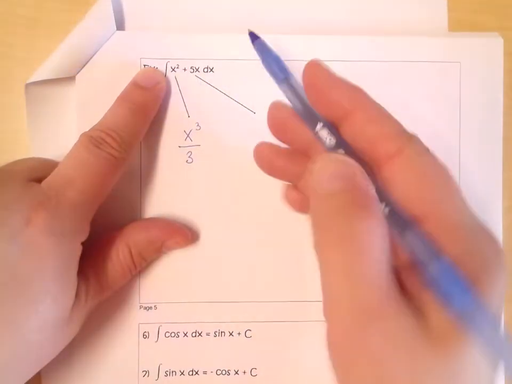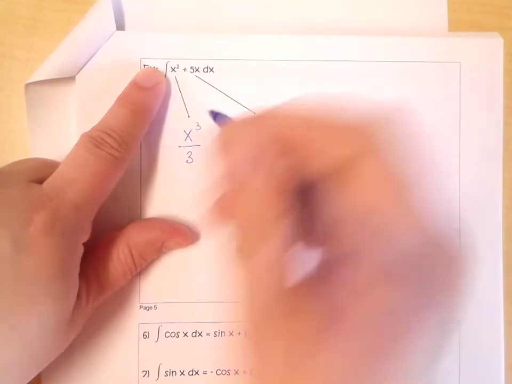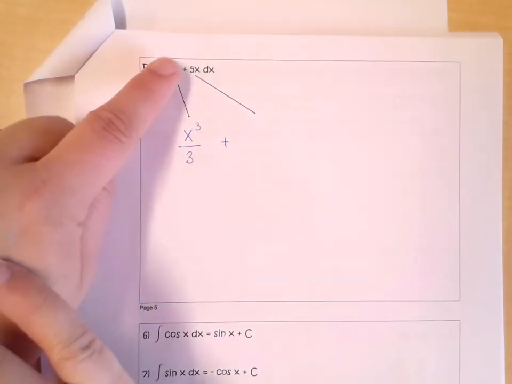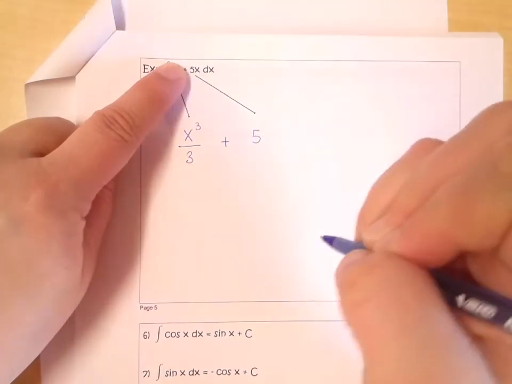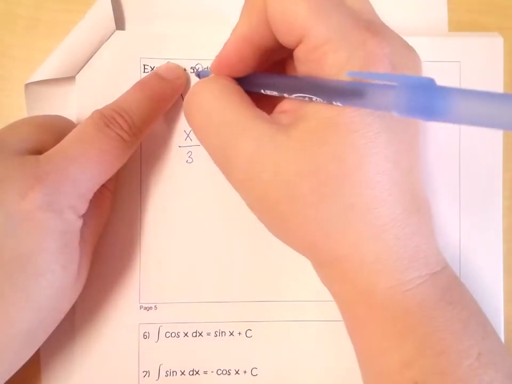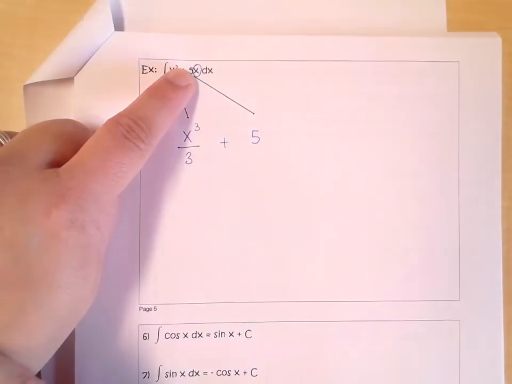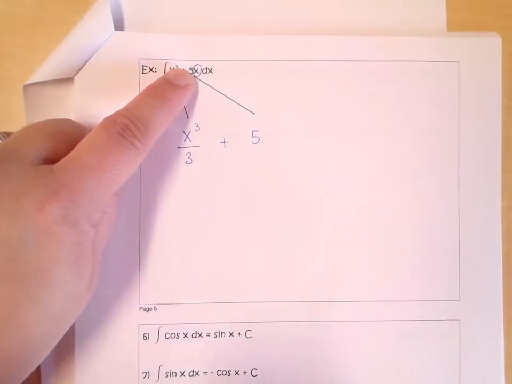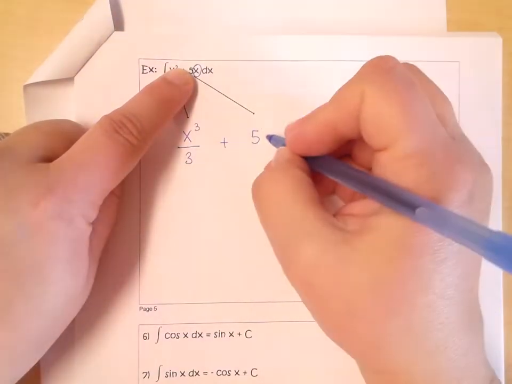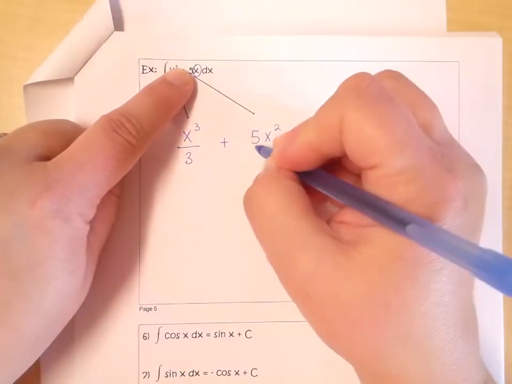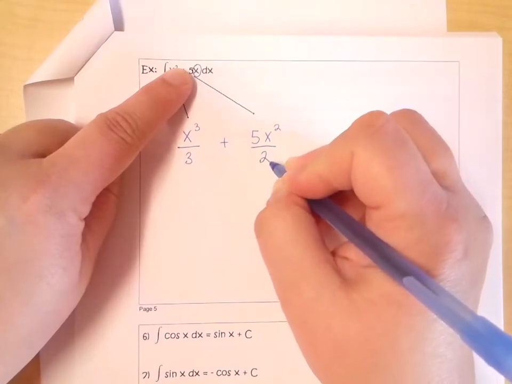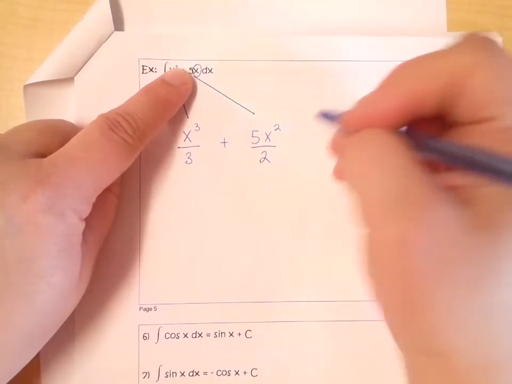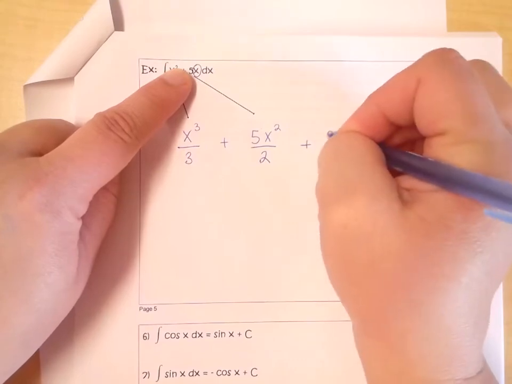We're going to keep the sign. 5 is a coefficient, so I'm going to ignore it. And I'm going to take x. And what would be 1 more for an exponent? 2. So x squared over 2. And because I want a general solution, plus c.